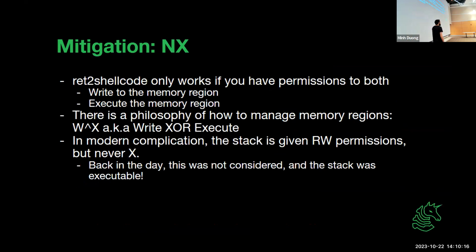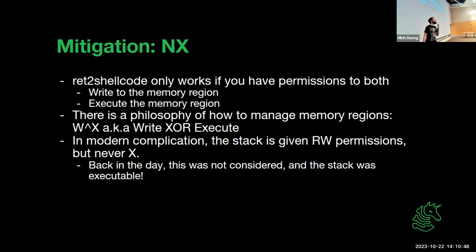The largest mitigation that's provided on all binaries as standard is NX, or non-executable stack. The way you run shellcode is you need to be able to write your shellcode into a location and then jump to it to execute it. Normally, executable sections of your code are read and execute only. So with this, there's a philosophy of how to manage memory regions, which is that you never give any memory region both write and execute permissions.